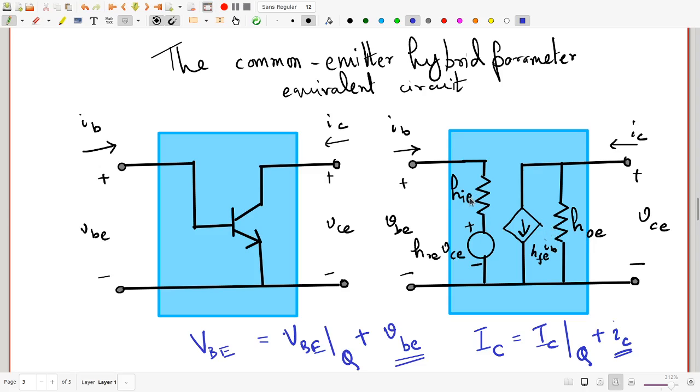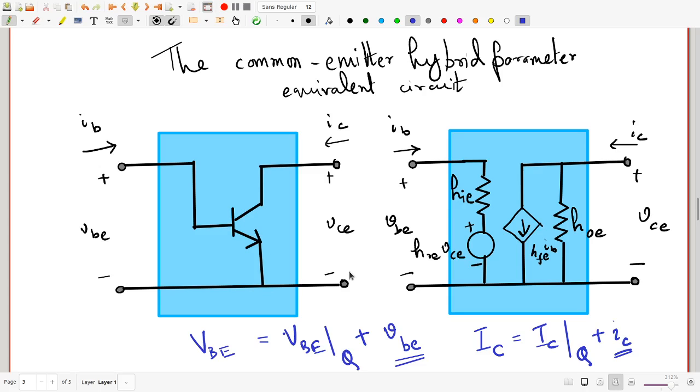The only special thing about this is I put in an extra letter E in each one of the h parameters. This is to show that we are talking of the common emitter h parameters, the circuit configuration where the emitter is connected between both the input and the output of your two-port network.